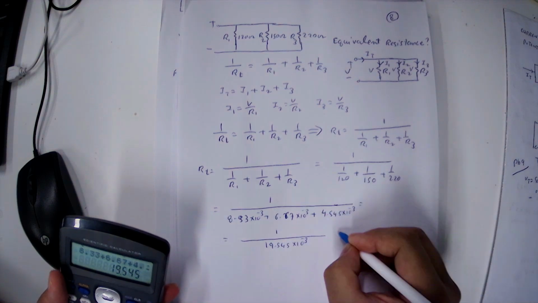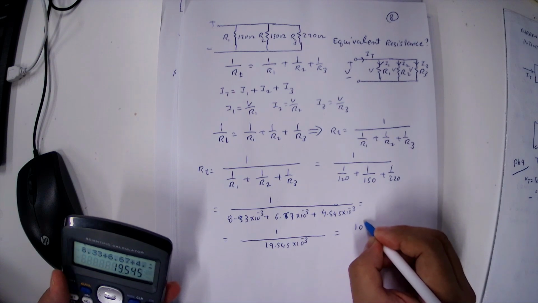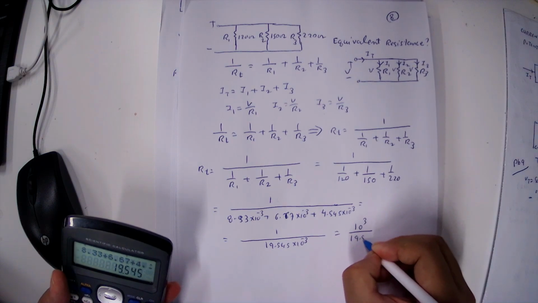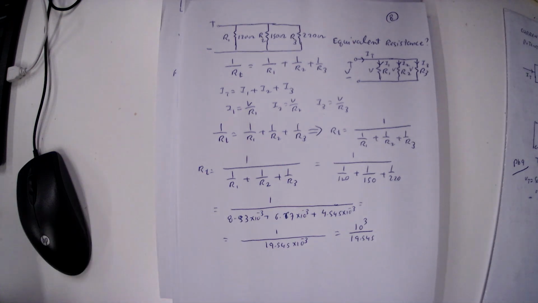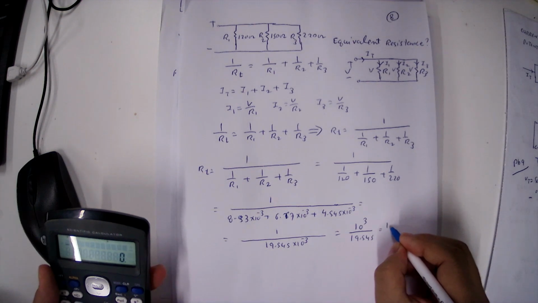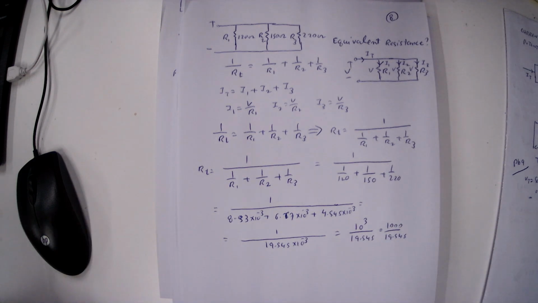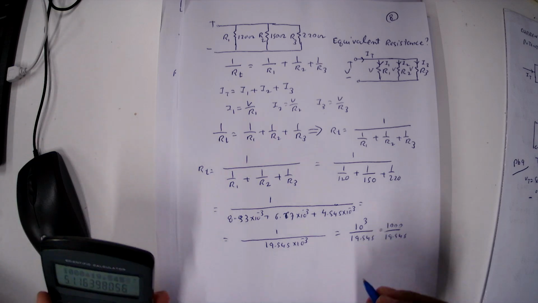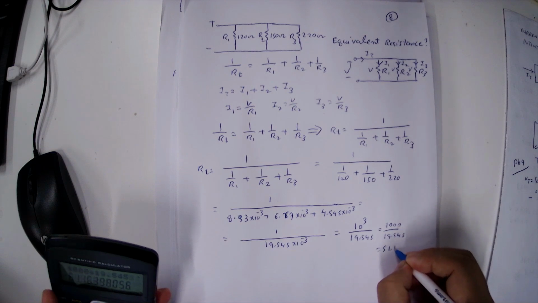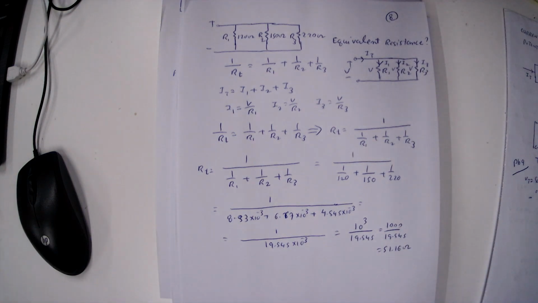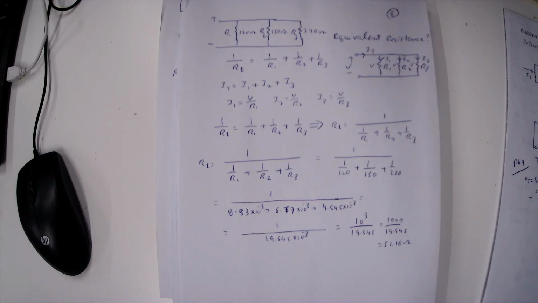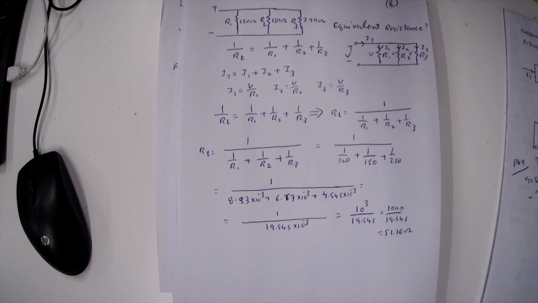This 10 power minus 3 goes to the numerator: 10 power 3, that is 1000, divided by 19.545. 1000 divided by 19.545, you get 51.160. So this is the equivalent resistance of the three parallel connection.